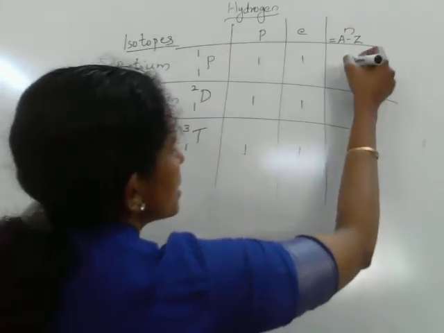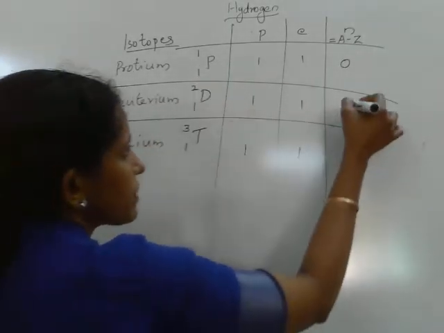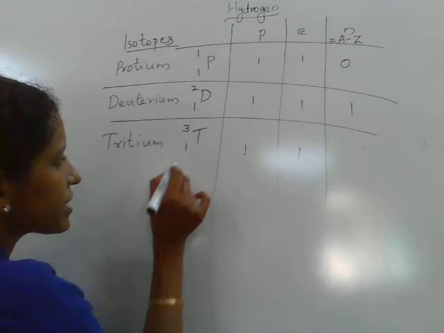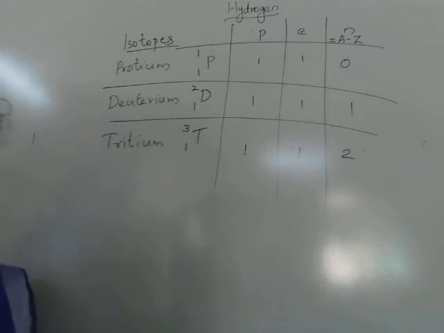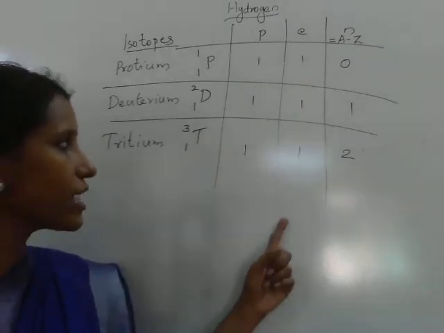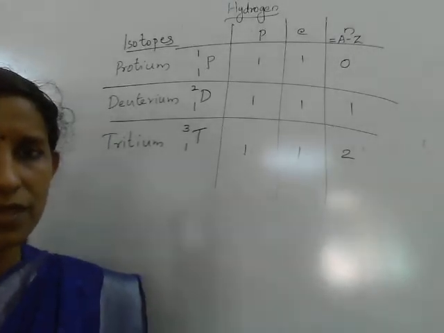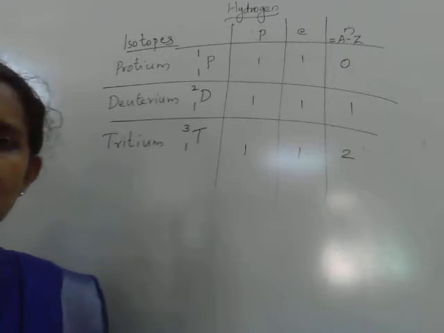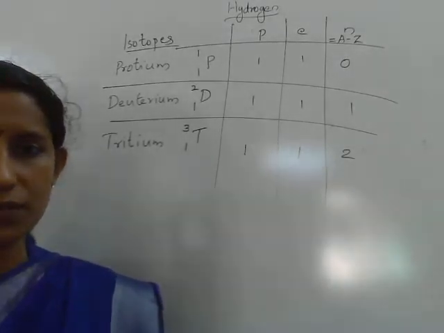For protium, 1 minus 1, 0 neutrons. Deuterium contains 1 neutron. Tritium, 3 minus 1, 2 neutrons are present. So they have the same number of protons, same number of electrons, but different number of neutrons. Isotopes are atoms of the same element with different numbers of neutrons.